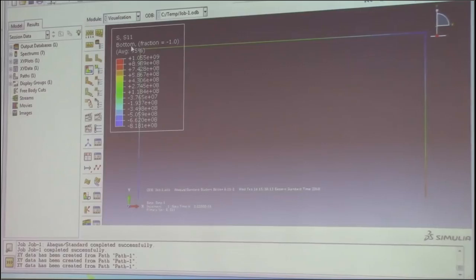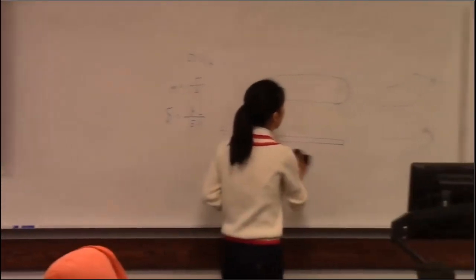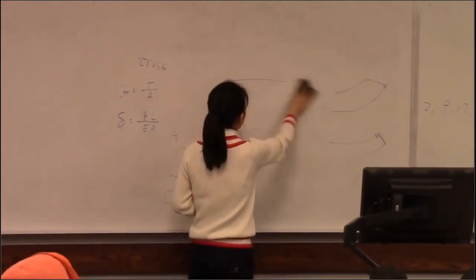There is a bottom and also upper. So what does bottom or upper mean for S11? Stress at the bottom face of the beam. Yeah, bottom surface or top surface.